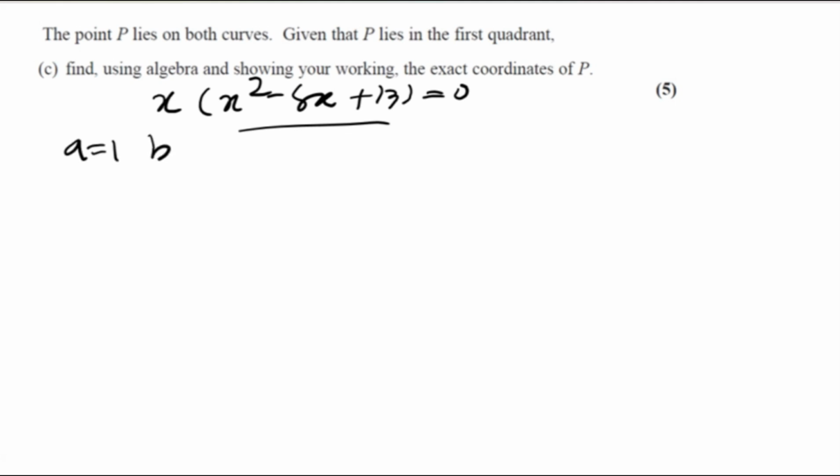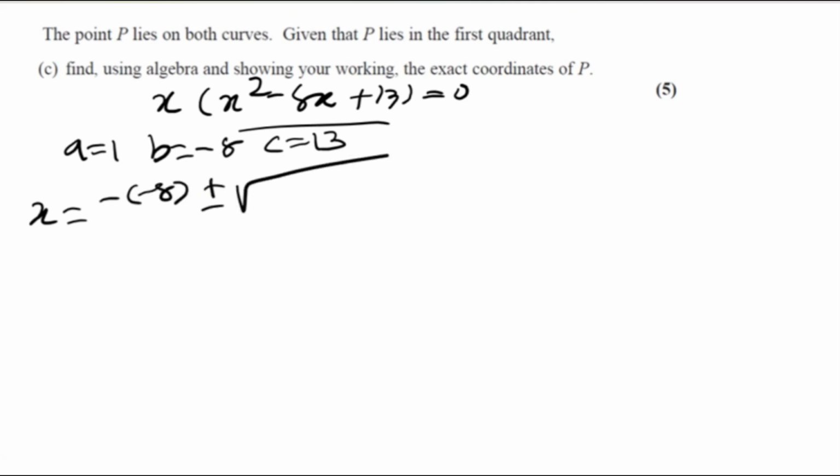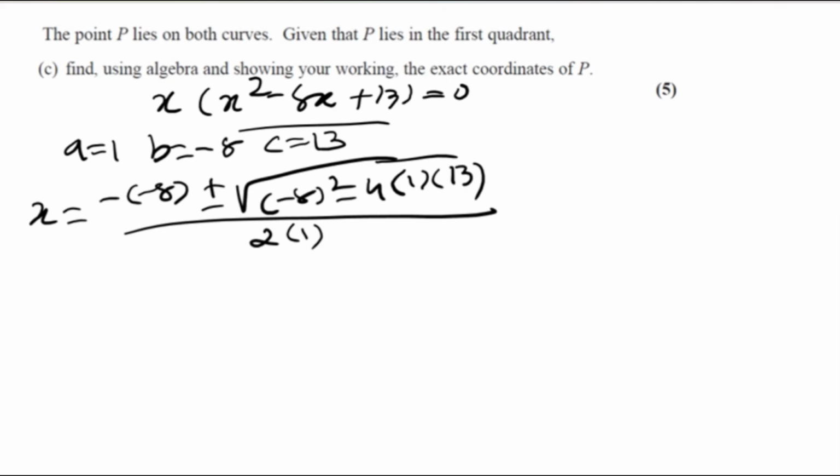So a is equal to 1, b is equal to minus 8 and c is equal to 13. Put it into the calculator and you can find x is equal to minus b, that is 8, plus or minus the square root of 8 squared minus 4ac, over 2 into 1. So we are getting two values of x, which are 4 plus or minus root 3.